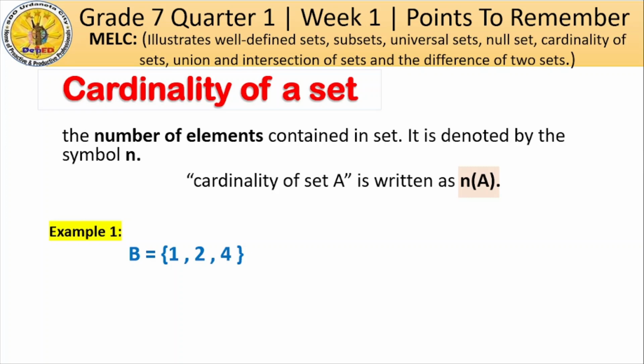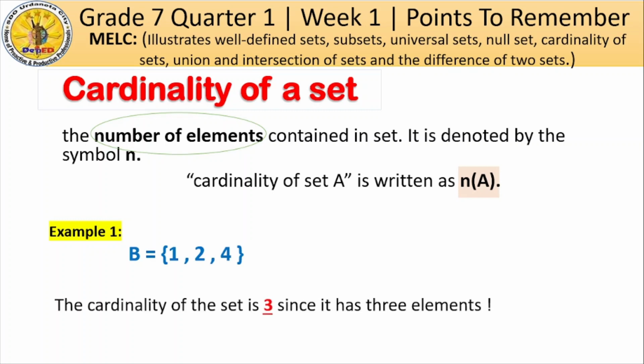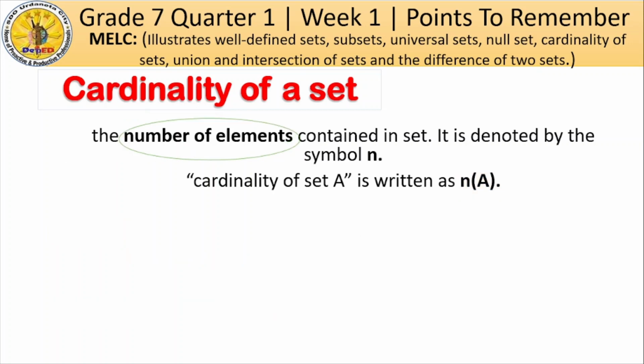Note that when we are talking about the cardinality of a set, we are after the number of elements. As we can see here, there are 3 elements for set B. So the cardinality of the set is 3 since it has 3 elements, and it will be written this way, and read as the cardinality of set B is equal to 3.